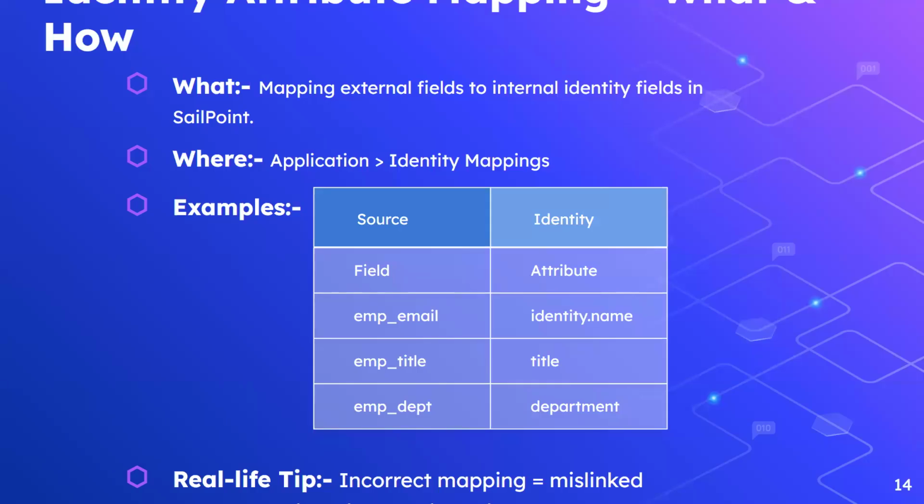Identity mapping is the umbrella under which source mapping and target mapping exist. So identity is basically the intermediate. Okay, so source mapping would be you take your people in Workday and pull their information from Workday into SailPoint. Correct.